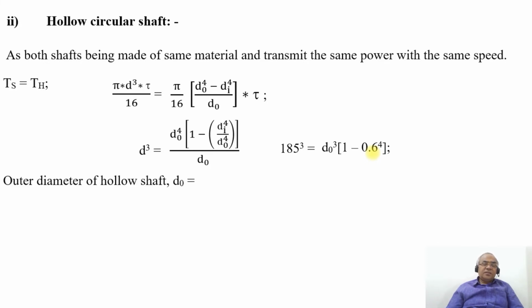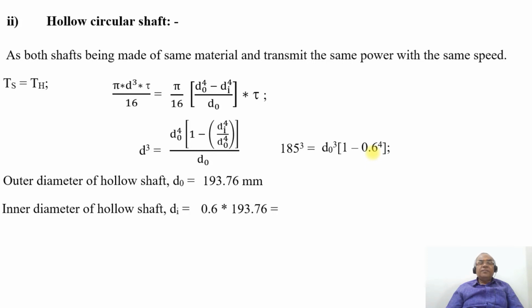Therefore, on simplification, the outer diameter of the hollow shaft, d naught, is 193.76 mm. The inner diameter of the hollow shaft, di, will be equal to 0.6 into d naught, that is 0.6 into 193.76. On simplification, you will get 116.26 mm.